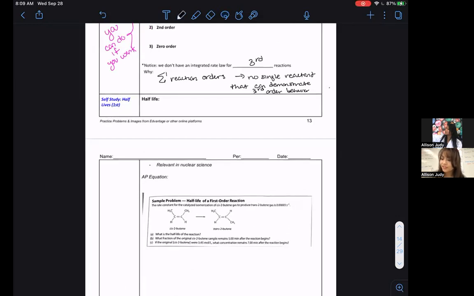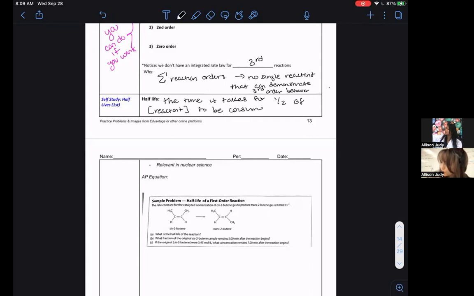A half-life, I'm sure you guys are familiar with from if you studied bio or anything like that and evolution, is the time it takes for half of a reactant's concentration to be consumed.